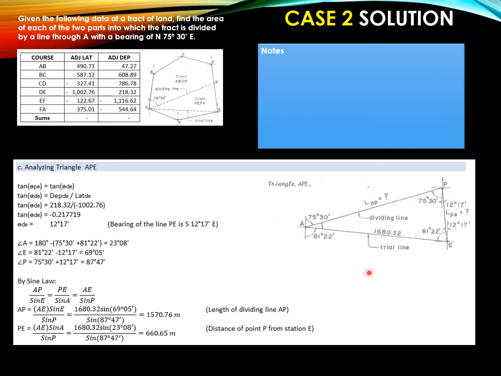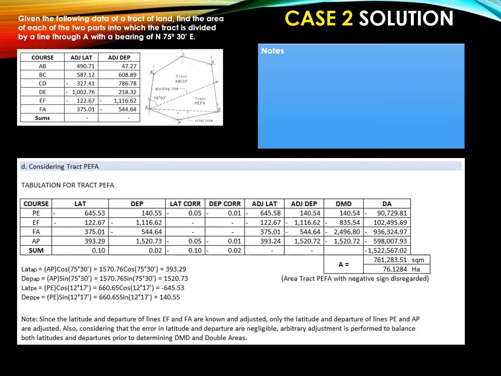Okay? So, the next is, ayan, considering track PEFA. So, given na to, si EF given, si FA, pero itong si PE at saka si AP ay galing doon sa previous na sinolve natin.